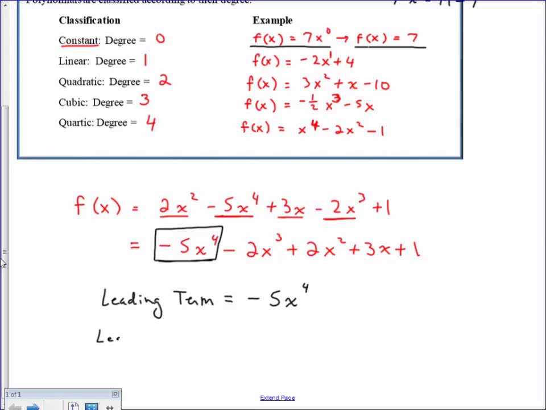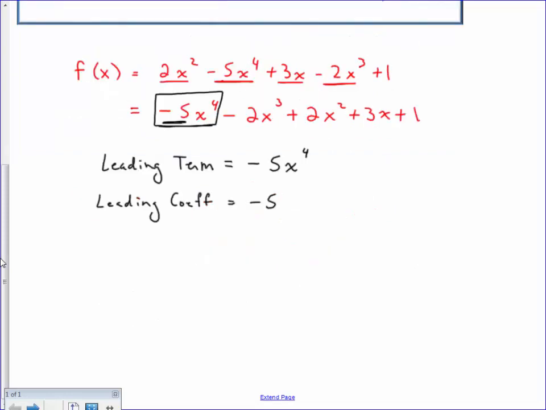The leading coefficient is the real number part off of the front of that without the x value, so in this case negative 5, and then the degree of the entire polynomial is the largest degree that you have, which in this case is degree 4.